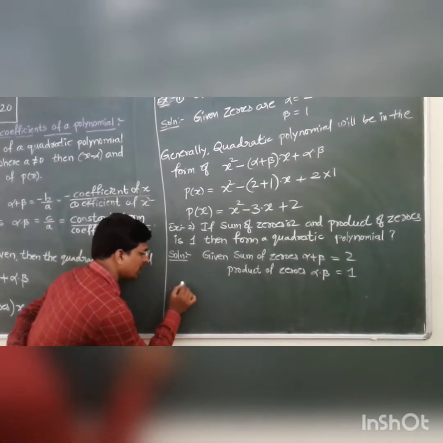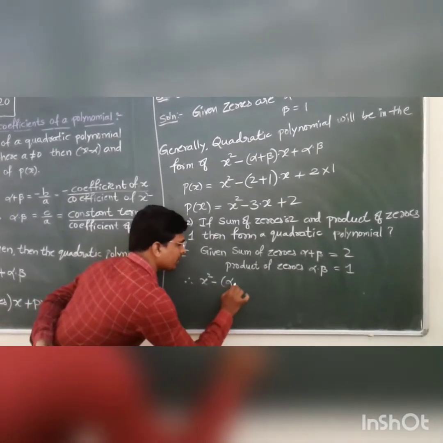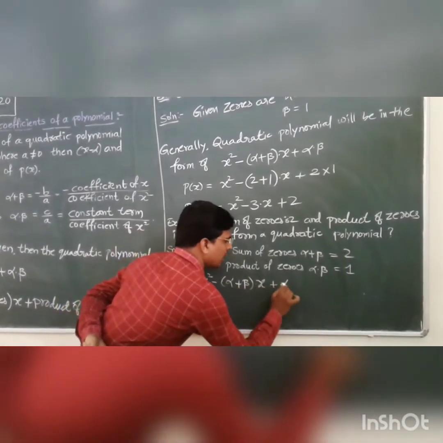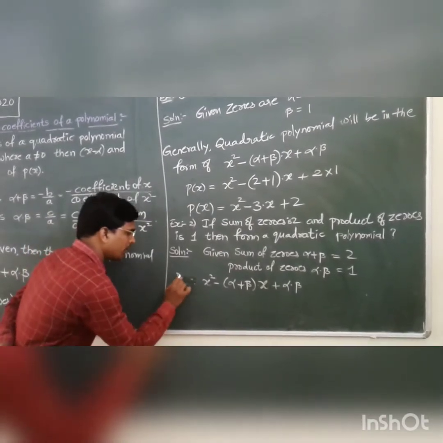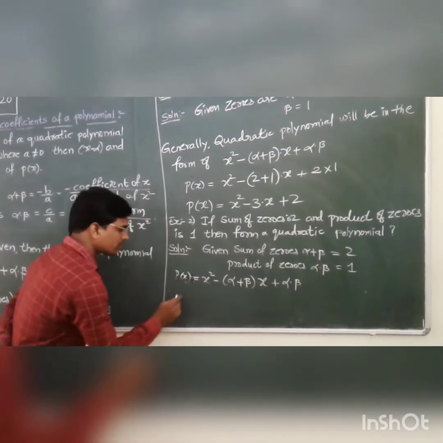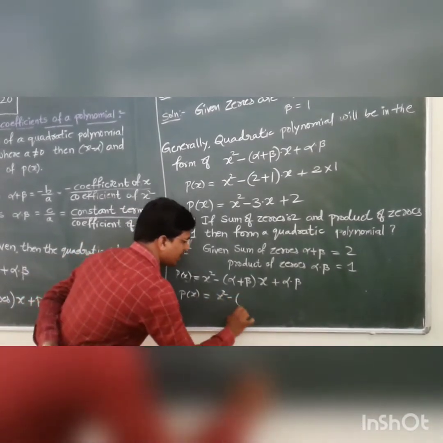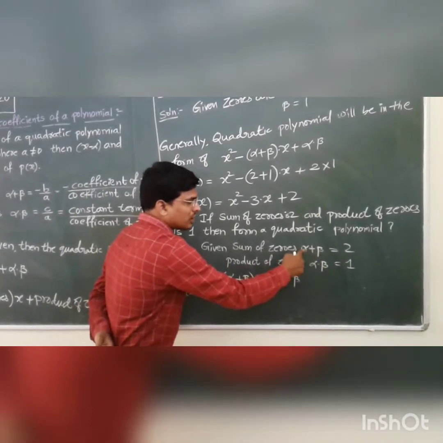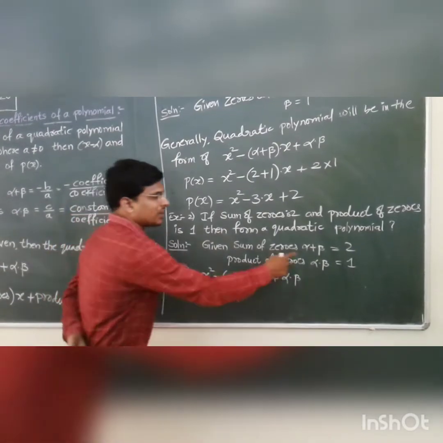Now you write the general quadratic polynomial. The quadratic polynomial will be in the form of x square minus (alpha plus beta) into x plus alpha into beta. So this is the polynomial p of x. So p of x is equal to x square minus... see here, he has given the values directly. Sum of zeros he has given, not alpha and beta individually, so take care of this here.